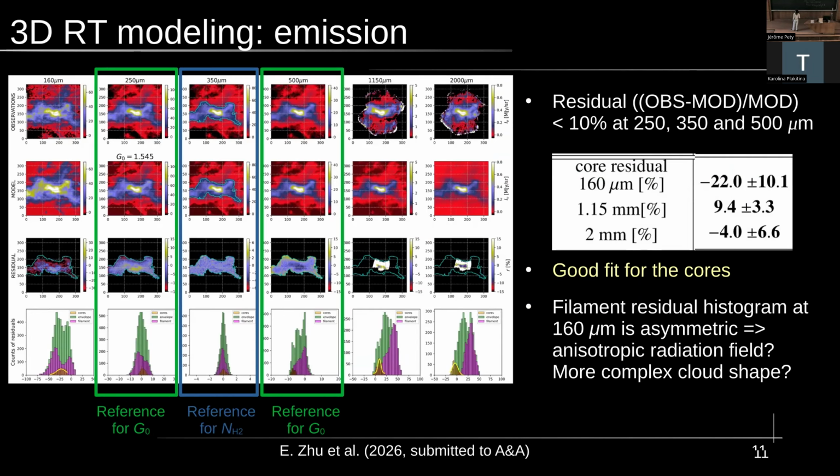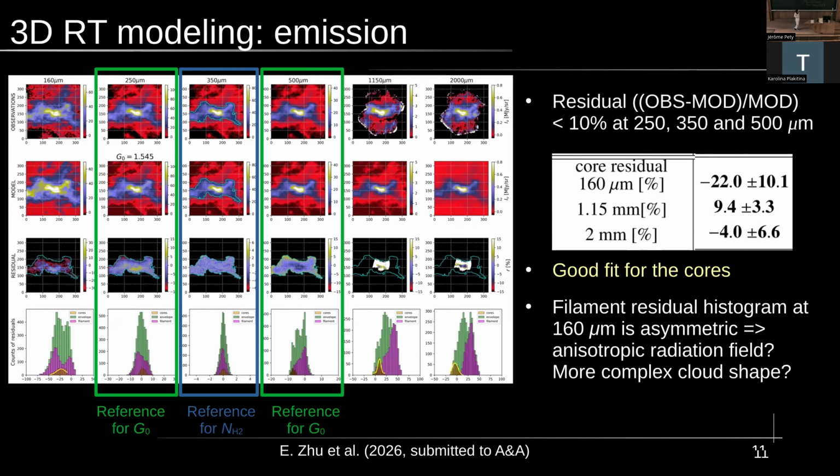And I divided the residuals into two areas, the cores, and the envelope and filament. So looking at the three central Herschel wavelengths where they were used for the fitting, the residuals are all smaller than 10%. So it's expected, and we have good fits for these.